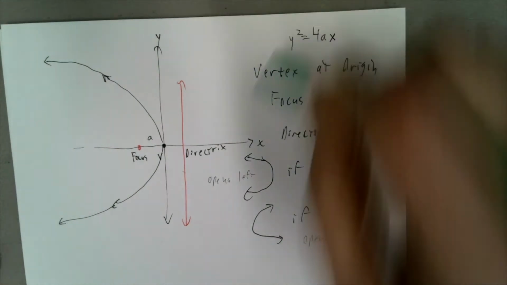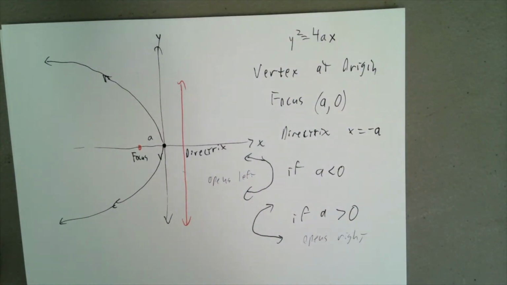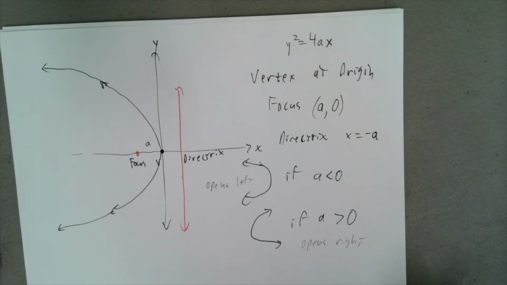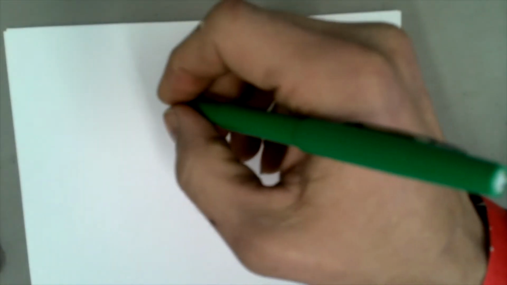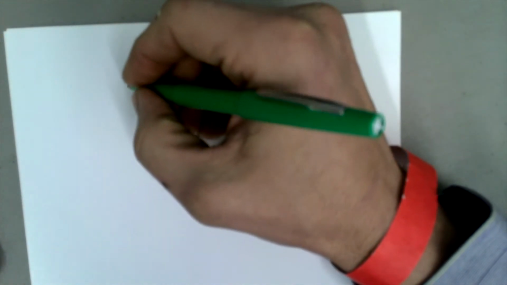If you just have x and y squared, or just y and x squared, you have a vertex at the origin, and we can work out the sketch on that. So if I start with y equals x squared over 12.